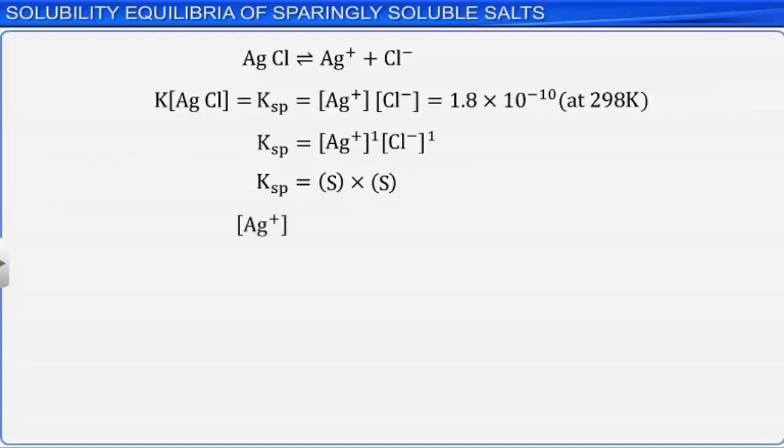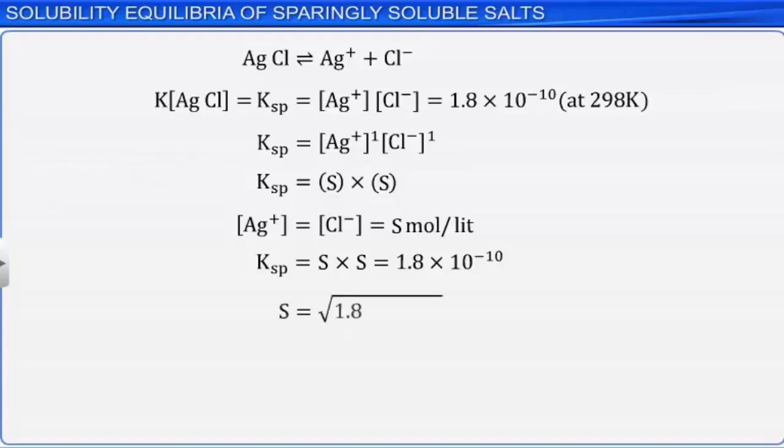In a saturated solution of pure silver chloride, the concentration of silver ions is equal to the concentration of chloride ions, which is equal to S mole per liter. Substituting S instead of concentrations in the expression for solubility product gives Ksp is equal to S multiplied by S, which is equal to 1.8 into 10 to the power of minus 10.